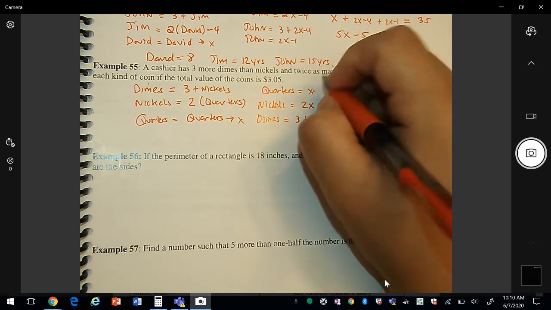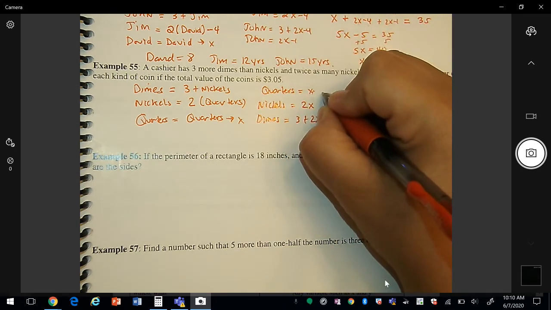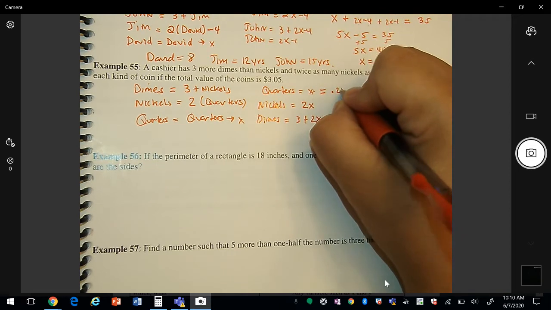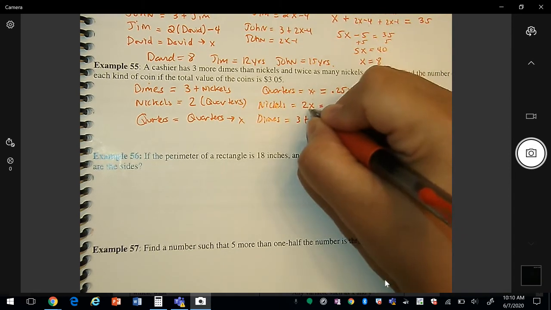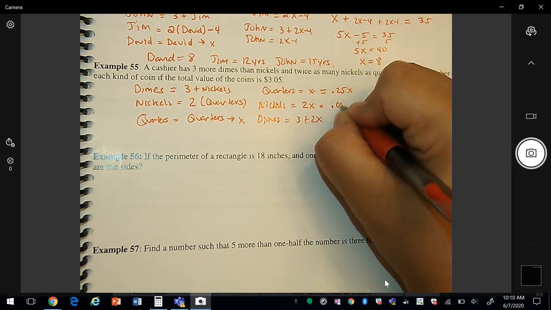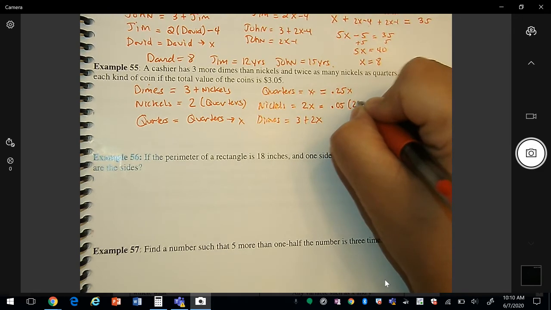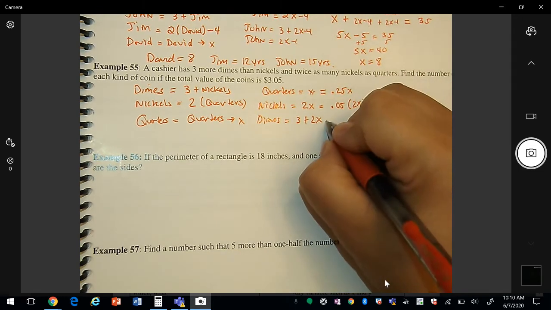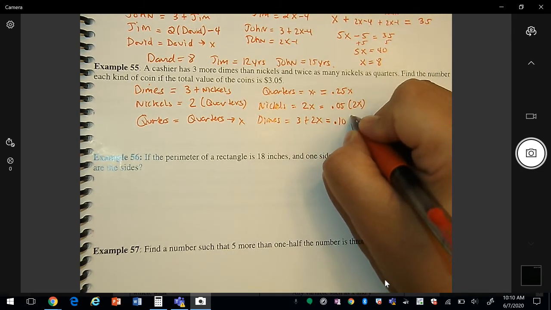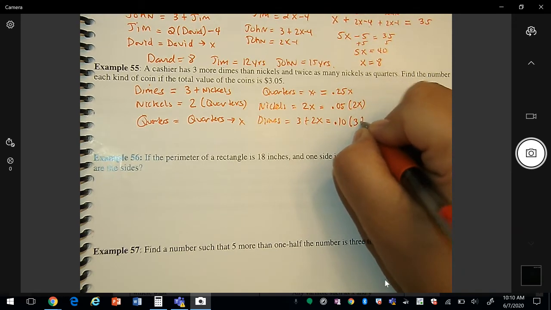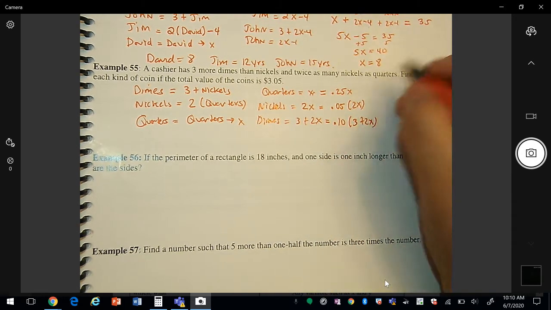So a quarter we know is worth 25 cents. So this is 0.25x. And a nickel is worth 0.05, so that's going to be multiplied to the 2x. And a dime is worth 10 cents, 0.10, and so we need to multiply everything by 0.10.